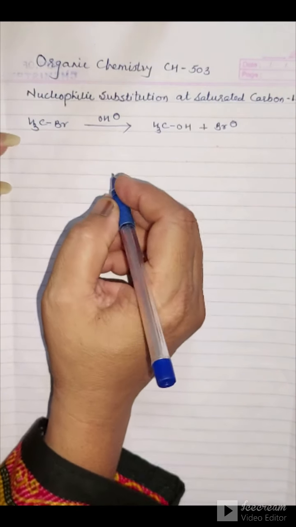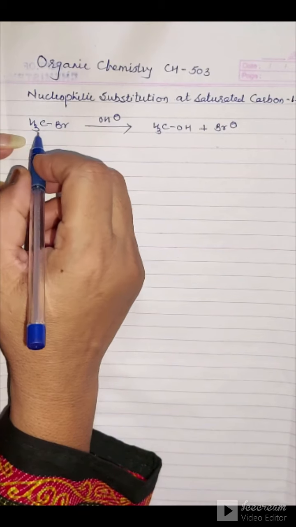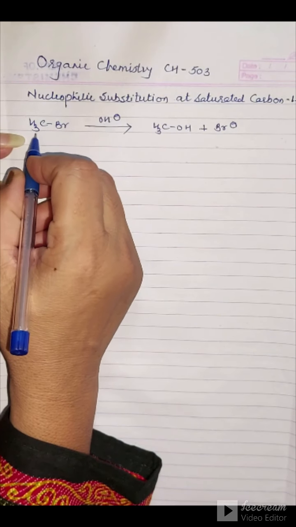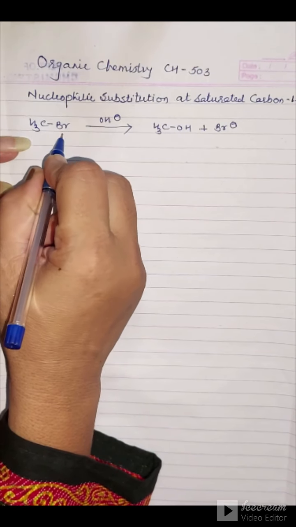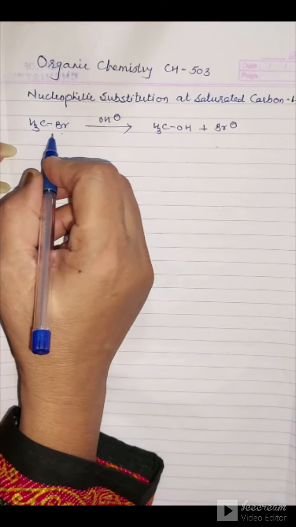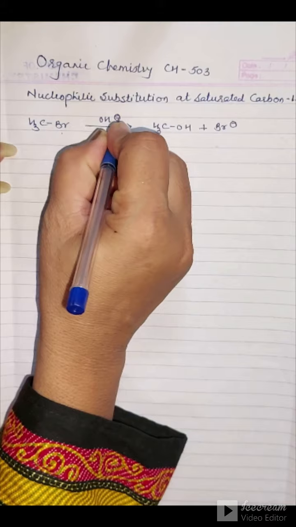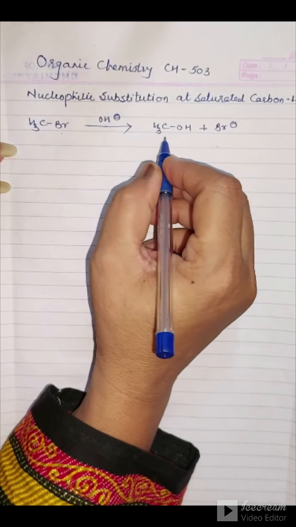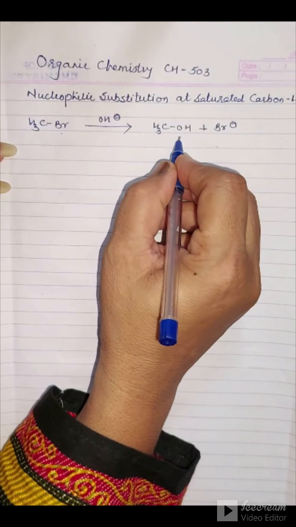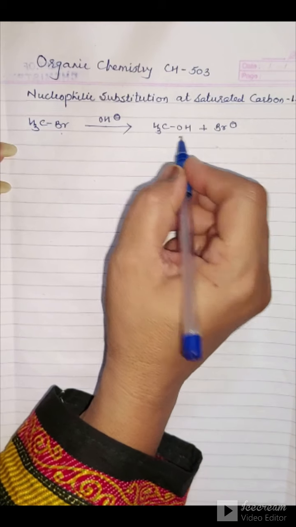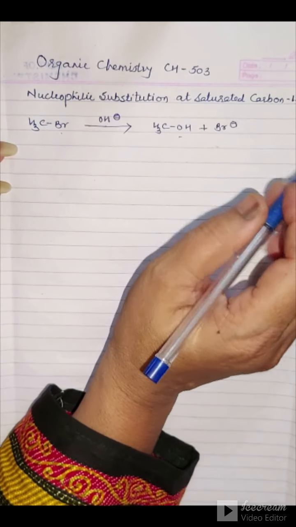Example, here we have CH3Br, that is methyl bromide. When this compound is hydrolyzed, here OH negative is there, then it will convert into CH3OH, that is methyl alcohol or methanol, plus Br negative.